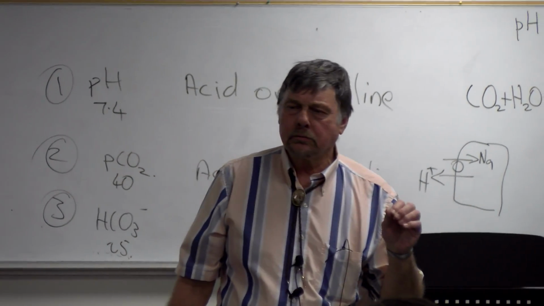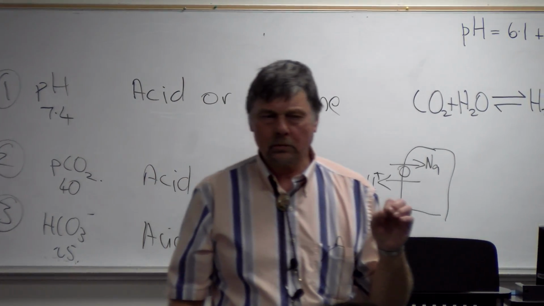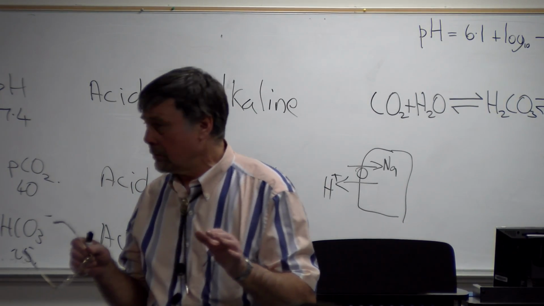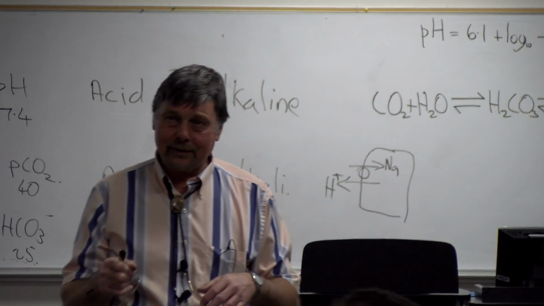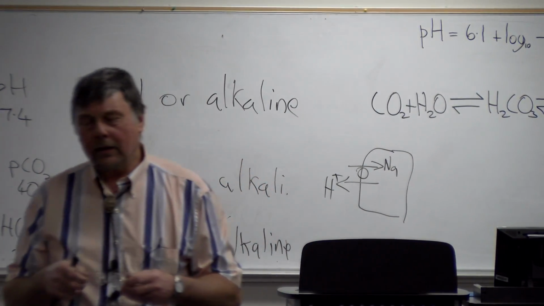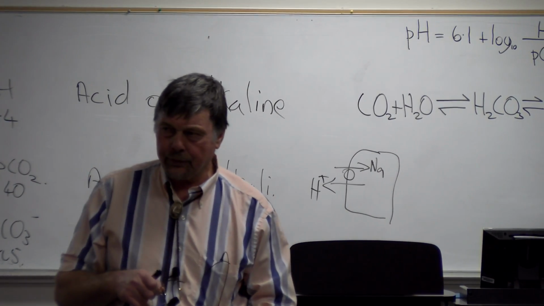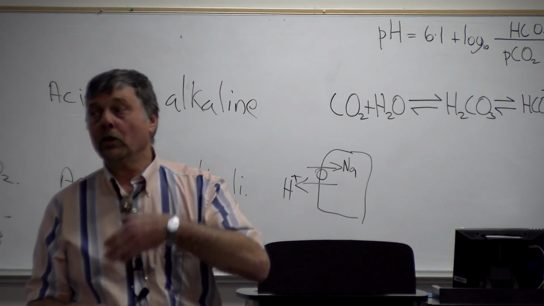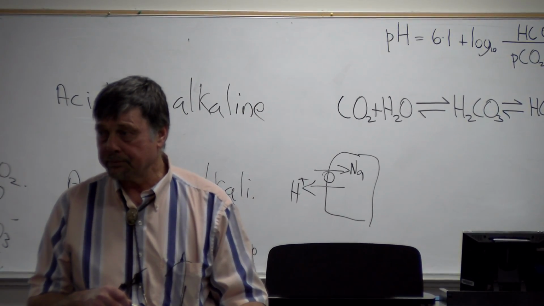But remember, first of all, we've got to eliminate bicarbonate due to respiration, so we have to correct everything back to a PCO2 of 40, and we have to account for other buffers, and then we can make a determination as to how much acid or alkali that we need to give back.